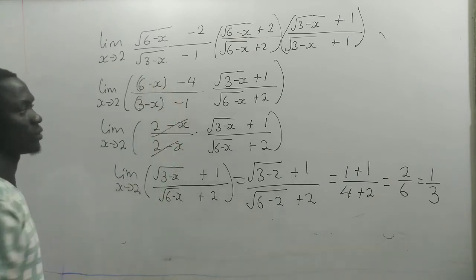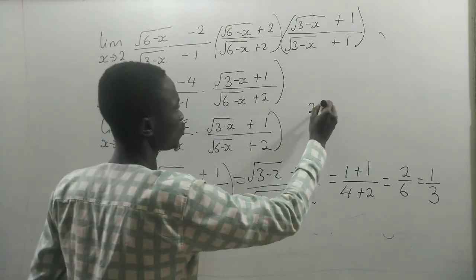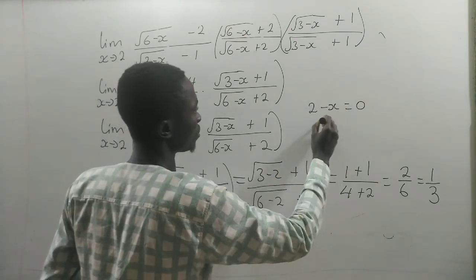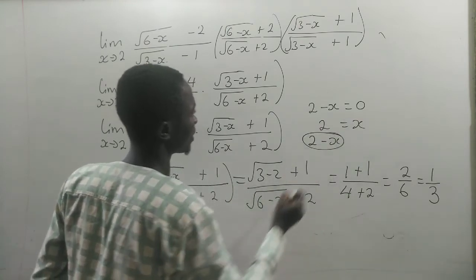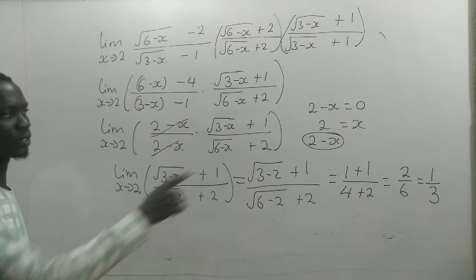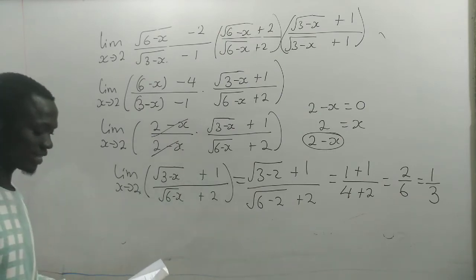You see that we've cancelled it out because we have 2 minus x equal to 0, 2 equal to x, which means that 2 minus x is a common factor. That's why we've cancelled it out. And when we simplify, this is what we get. So just check the tricks involved.